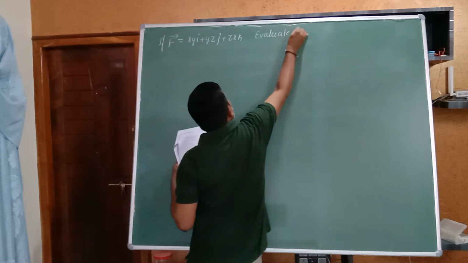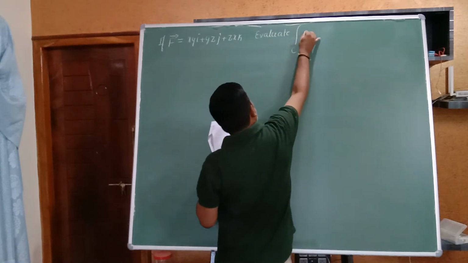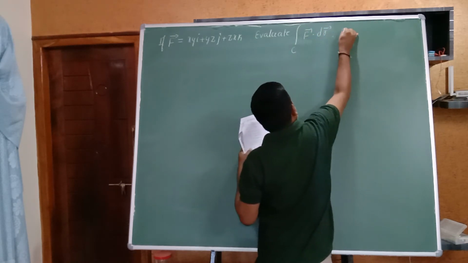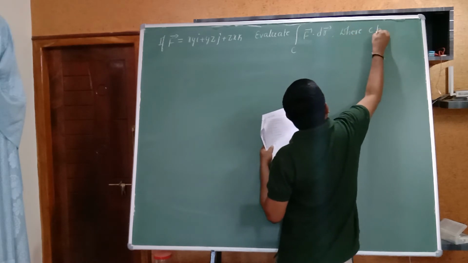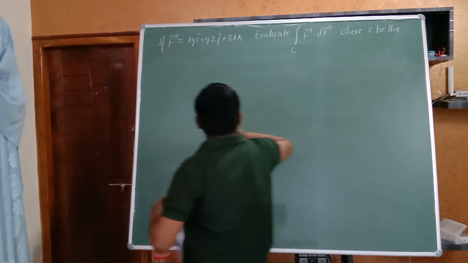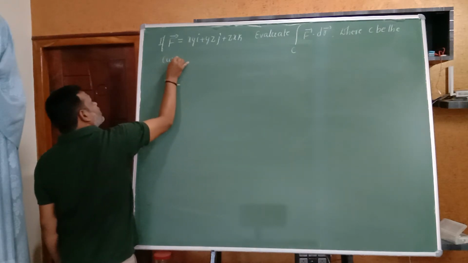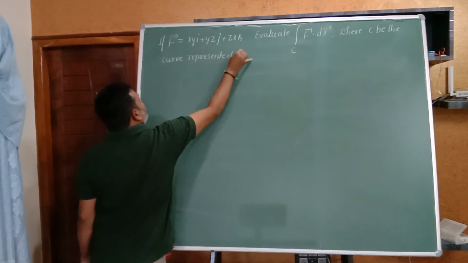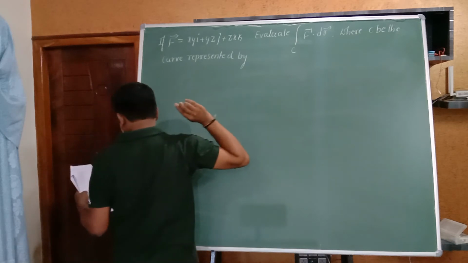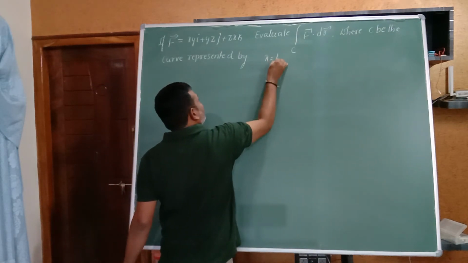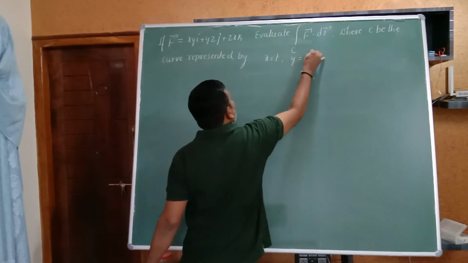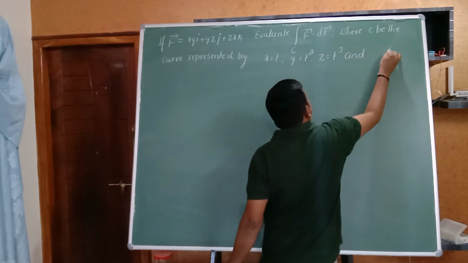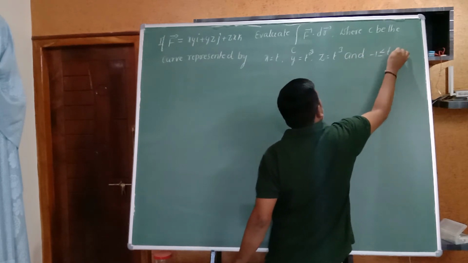Evaluate the integral over C of F vector dot dr vector, where C is the curve represented by x is equal to t, y is equal to t square, z is equal to t cube, and t is greater than or equal to -1, less than or equal to +1.